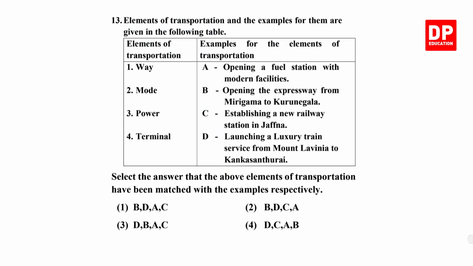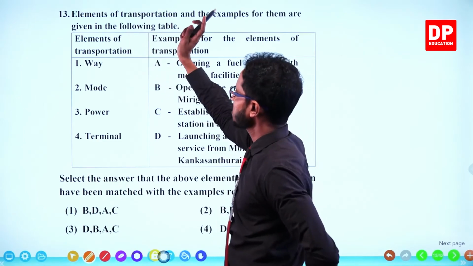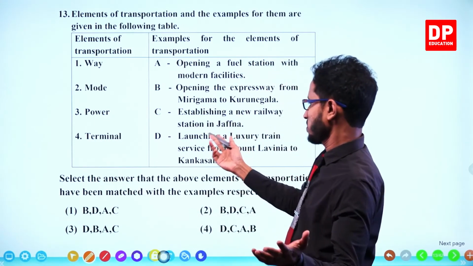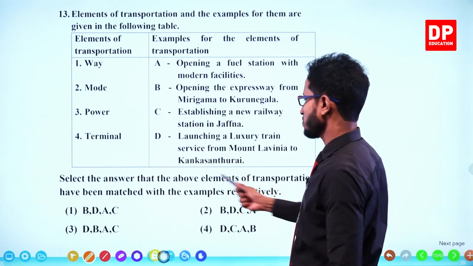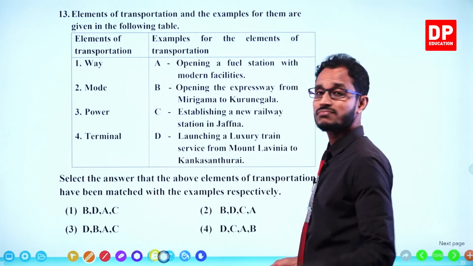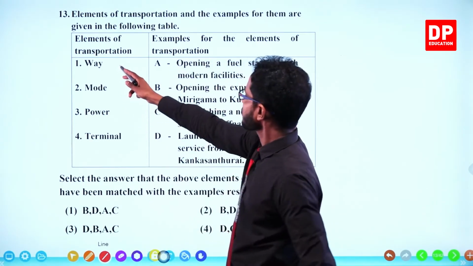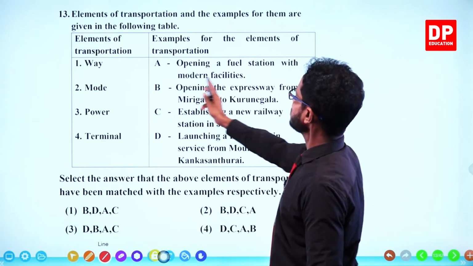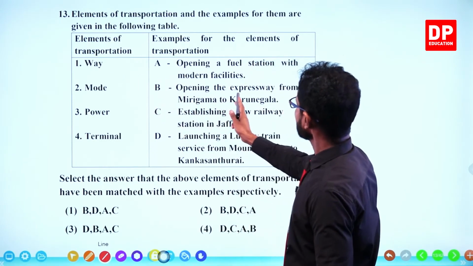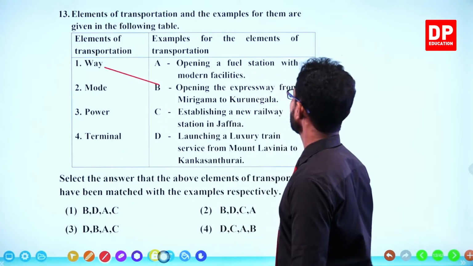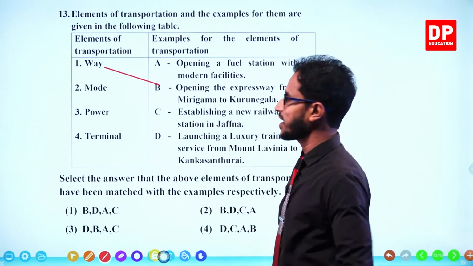Elements of transportation and examples for them are given in the following. Elements of transportation, we have way, mode, power, terminal. Select the answer that matches the above elements of transportation with the examples. It's just a matching case. Let's match. Opening the expressway from Mirigama to the expressway, that is the way.